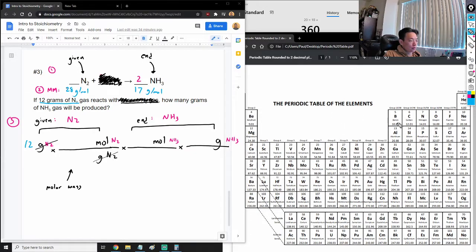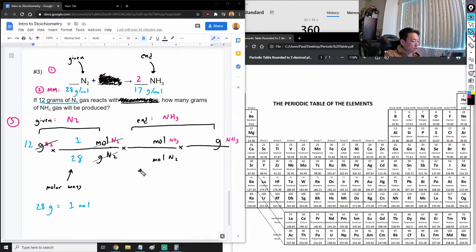Okay, so the molar mass of N2 in this first fraction is 28 grams in 1 mole. And so we're just going to plug the numbers in. The grams is 28, and that's on the bottom, so we're going to put 28 on the bottom, right, because there's grams of N2, and then moles, the number 1 is next to it, so we're going to put 1 on the top. Let's move on to the second fraction. We have moles of N2, and we want to get rid of moles of N2, so we're going to put moles of N2 on the bottom.